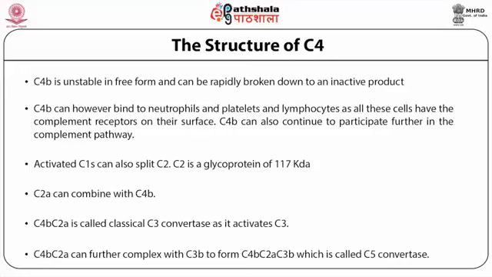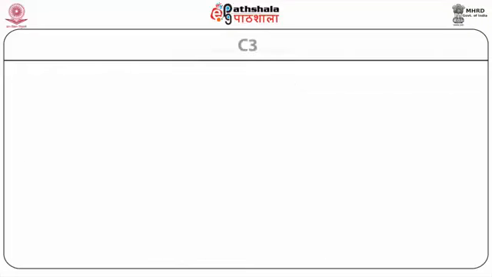C4b C2a can further complex with C3b to form C4b C2a C3b, which is called C5 convertase. This makes C3 a very important component of the complement system.